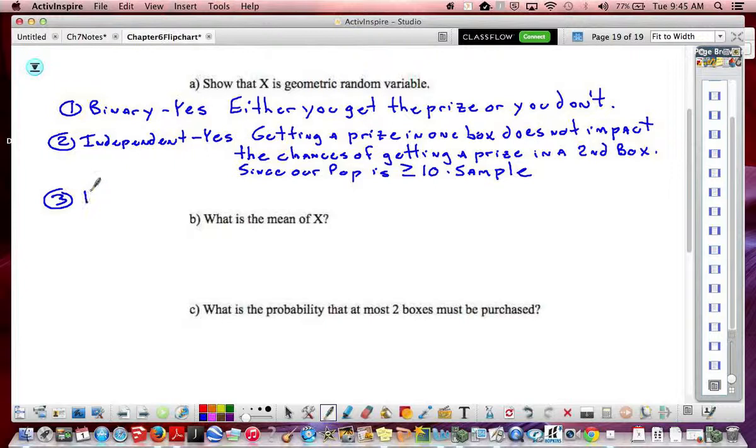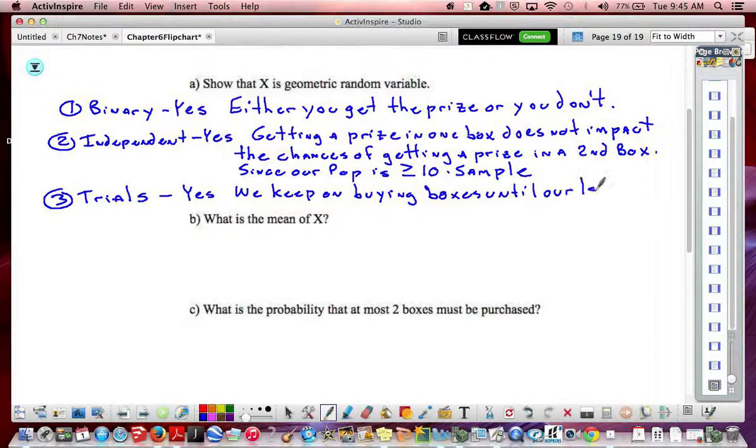Now we're talking about trials. Do we go until we get our first success? Yes. So we keep buying boxes until our first success.